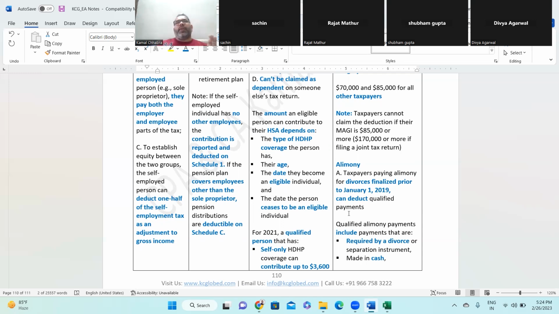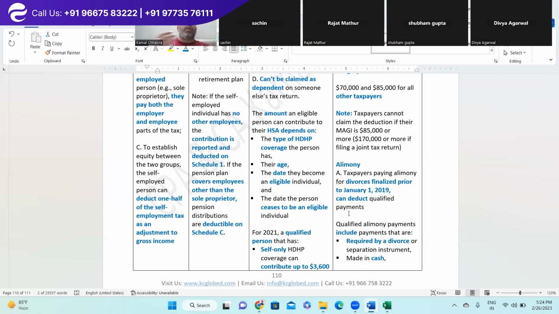So two things. For example, you have a gross income of $100,000, and let's assume $8,000 you have deposited as self-employment tax, and $8,000 as an employer. So now the total self-employment tax you have deposited is $16,000.